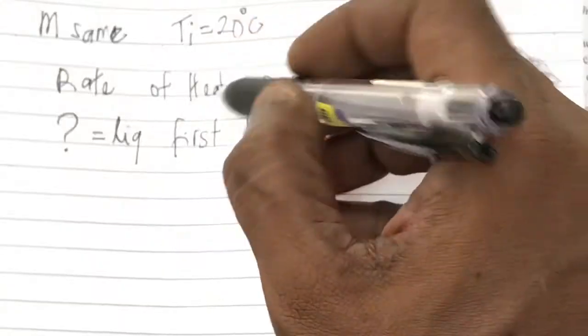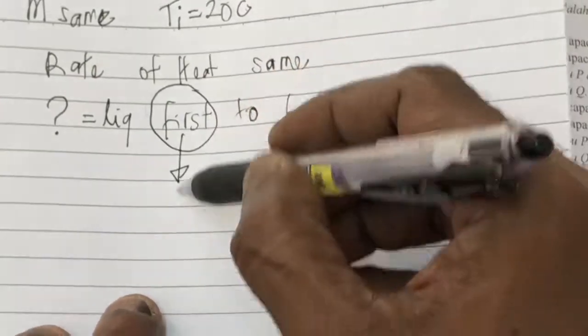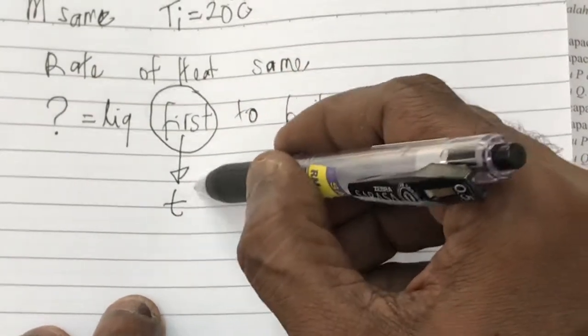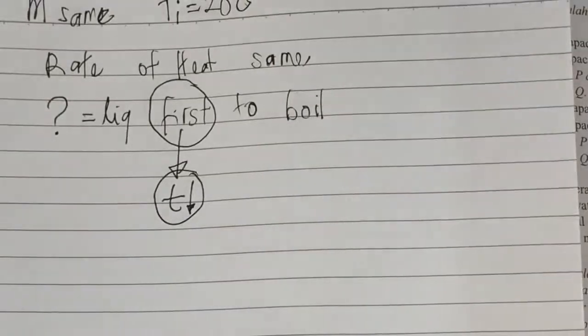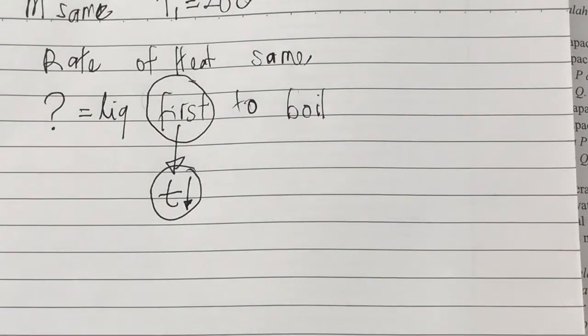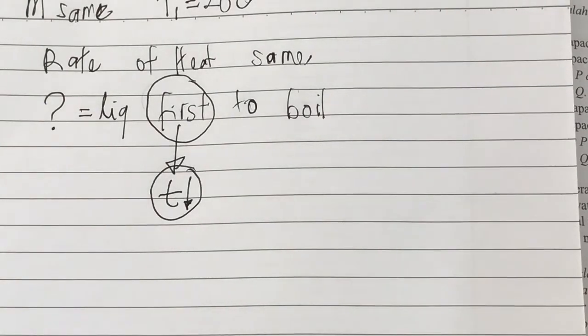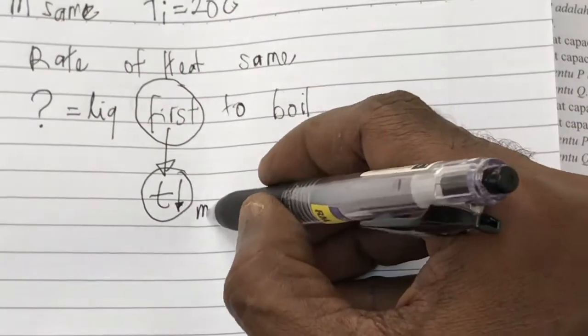Here, first to boil, of course, means which one takes the lowest time to boil. First to boil means which one will take the shortest time, the minimum time, to boil.